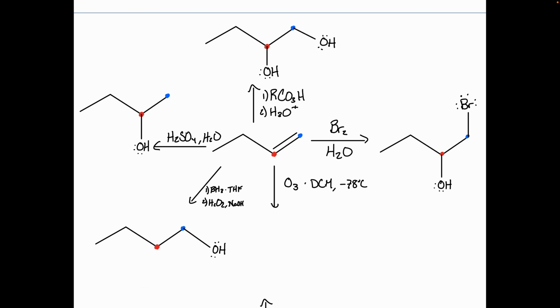So I'm now going to get one fragment with a carbonyl group that would be three carbons long. I'm also going to get a second fragment here with my blue carbon, a formaldehyde fragment here, my carbon-oxygen double bond.